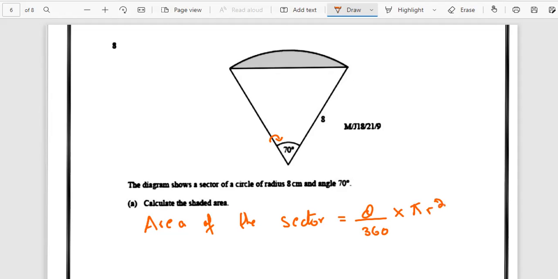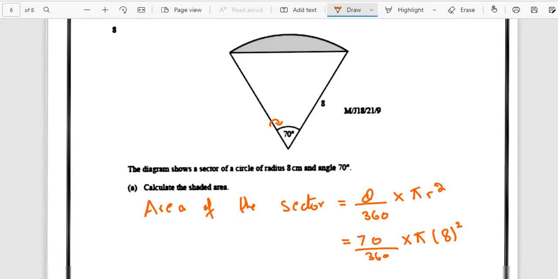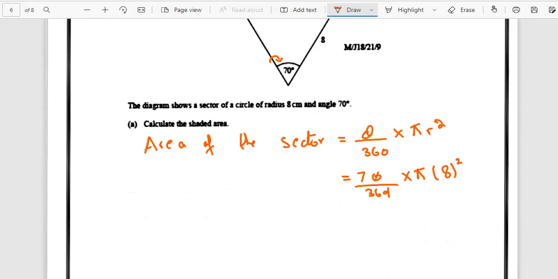Now this is the formula. Theta is 70 degrees divided by 360 multiplied by pi r square. So 0 and 0 would be cancelled, and this would become 7 divided by 36 multiplied by pi into 64.